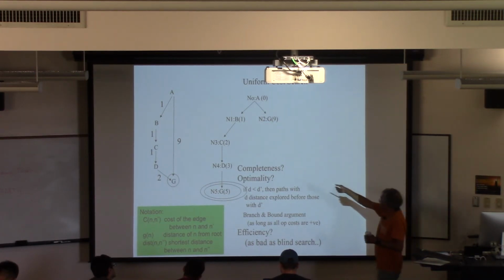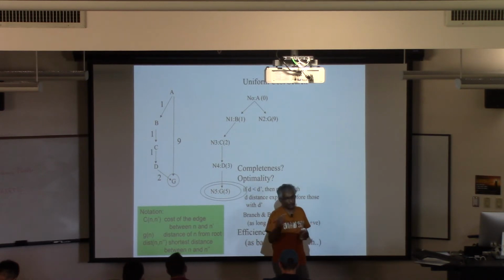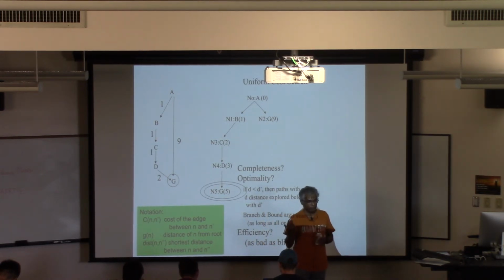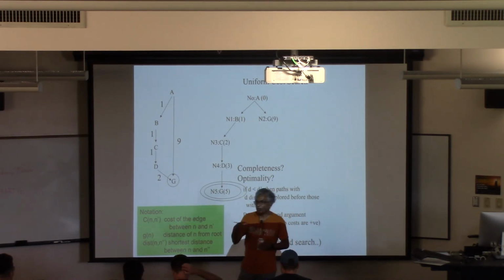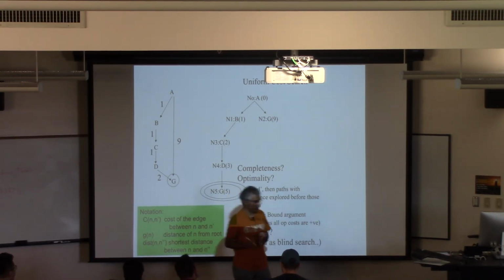So that's what uniform cost search was, except the queue was then in terms of G values, not the D values. And it's a prioritized queue where the lower the G value, the sooner you would expand the node. That's uniform cost.